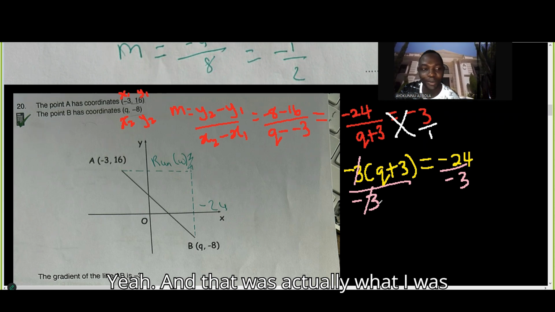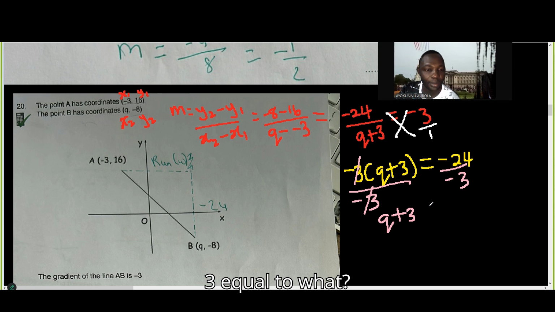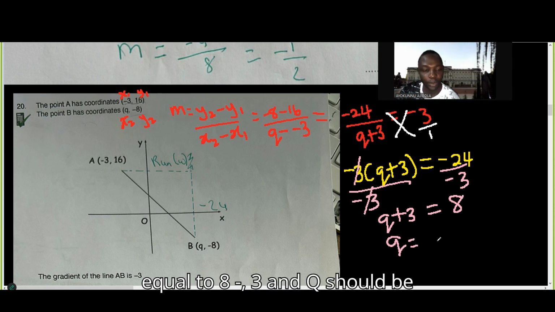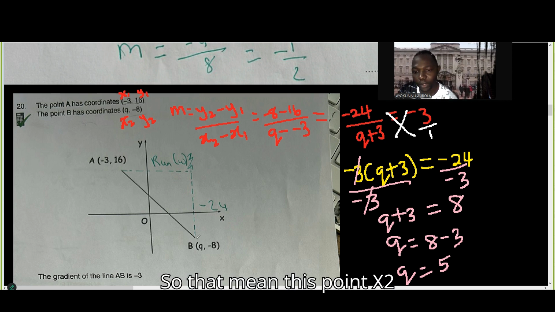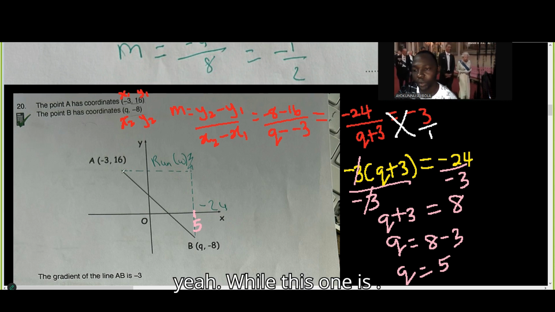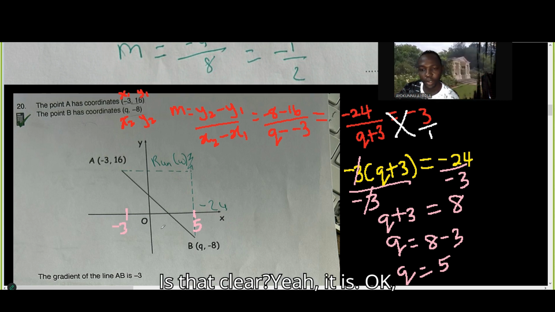So Q plus 3 equal to 8, not negative. So Q equals 8 minus 3, and Q should be 5. So that means this point, x2, is 0.5, while this one is point minus 3. Exactly.